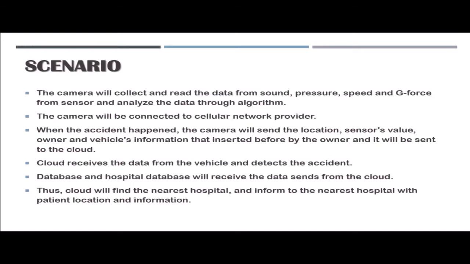The cloud receives the data from the vehicle and detects the accident. The database and the hospital database will receive the data sent from the cloud, and the cloud will find the nearest hospital and inform it with the pending location and the information.